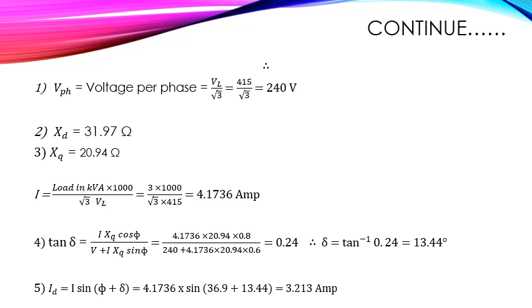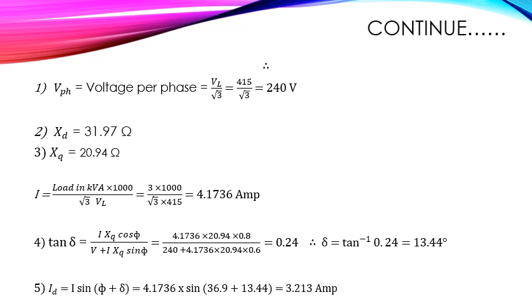Now, continuing, just put the values and get the phase voltage. Line voltage is 415 volts, so the phase voltage will be 415 by root 3, which is equal to 240 volts. Then using the above equations for Xd and Xq, just put the values and we get Xd as 31.97 ohm and Xq as 20.94 ohm. Then the load current is 4.1736 ampere. Then put these calculated values in the tan delta equation and get the angle delta as 13.44 degrees.